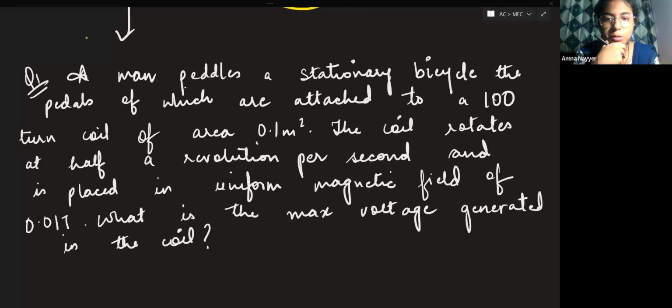Kulsum, 0.31 volts, yes, right. I think the answer is 0.314 volts precisely. Correct. So how did you solve, Kulsum? Yes, Atif, right.